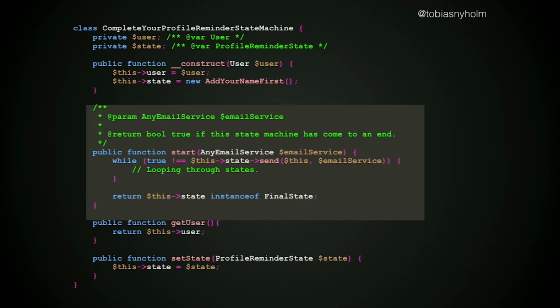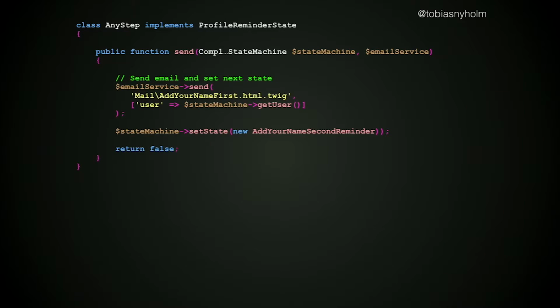So here, I'm still very stupid. When the state machine finally ends, I check if I'm in the final state. If I'm in the final state, I go and remove myself. So are you fine with this, by the way? You kind of get it.